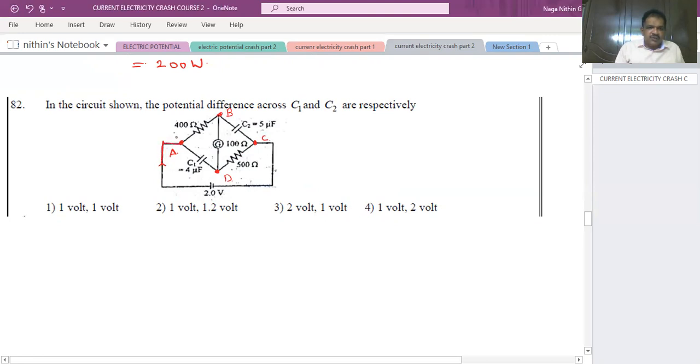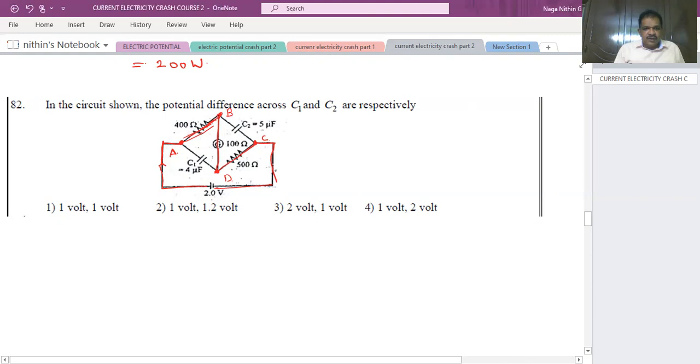It will come to here. It won't travel through the capacitor. It will travel through the resistor. Later, it will come to here. Later, it will travel like this. And finally, it will reach like this. So, in this way, current will flow.